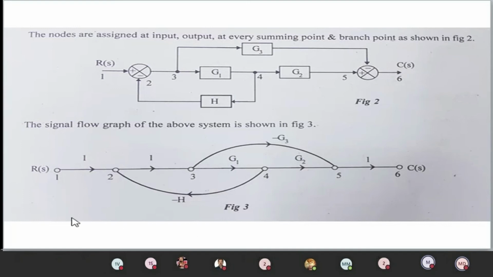Check for individual loops. So be careful about finding the individual loops. That is the only crux in signal flow graph. Okay, finding the individual loop as well as finding the gain of product of non-touching loops. These two will severely test our concentration.